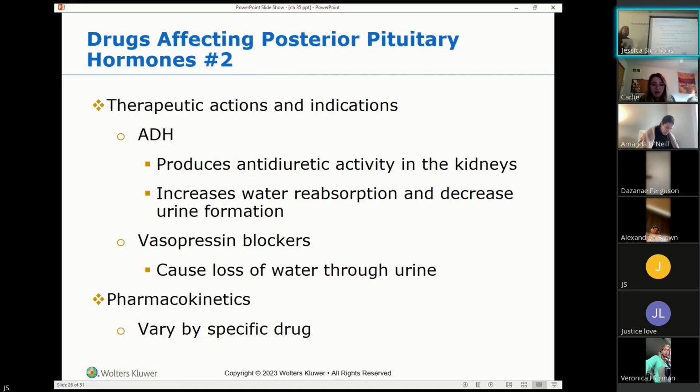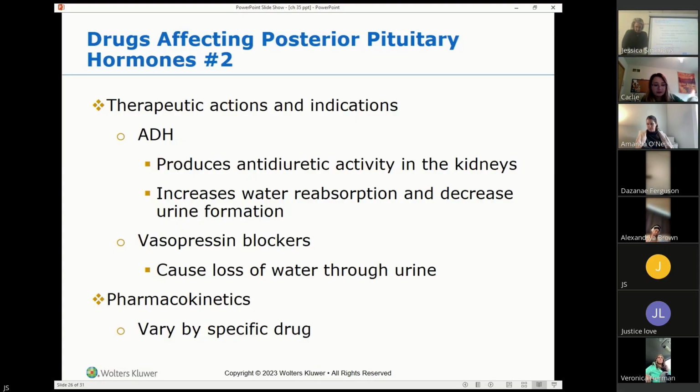So the therapeutic action and indications is that it produces antidiuretic activity in the kidneys by increasing ADH, which is your antidiuretic hormone. This increases water reabsorption and decreases urine formation. So it is the opposite of a diuretic. Vasopressin blockers cause the loss of water through urine.